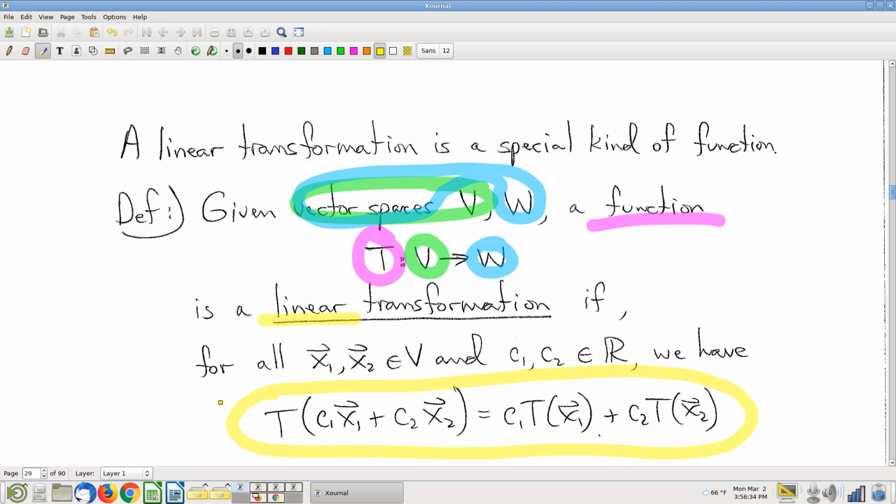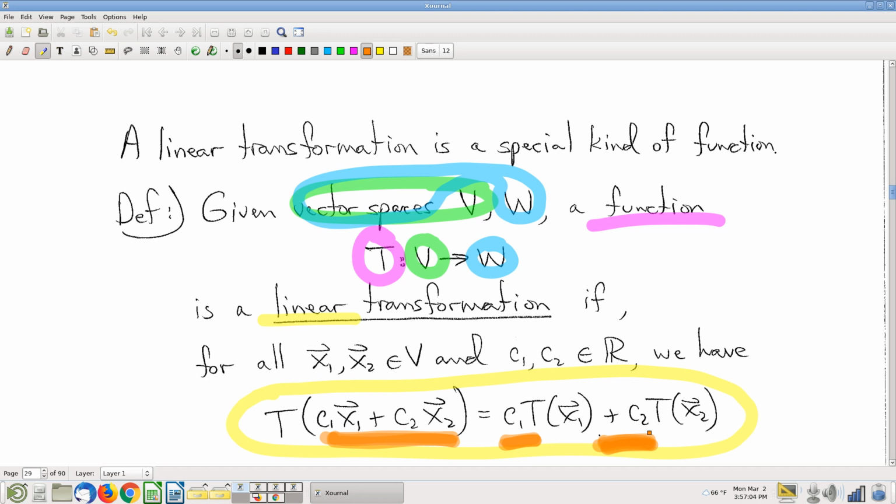Now, hopefully this will be a familiar construction. Let me remind you, easy first example, when have we seen linearity in the past? Most recently, we saw linearity when we were talking about linear differential equations. And the idea, remember, is that linear means that when you put a linear combination of inputs in, you get the corresponding linear combination of outputs out.